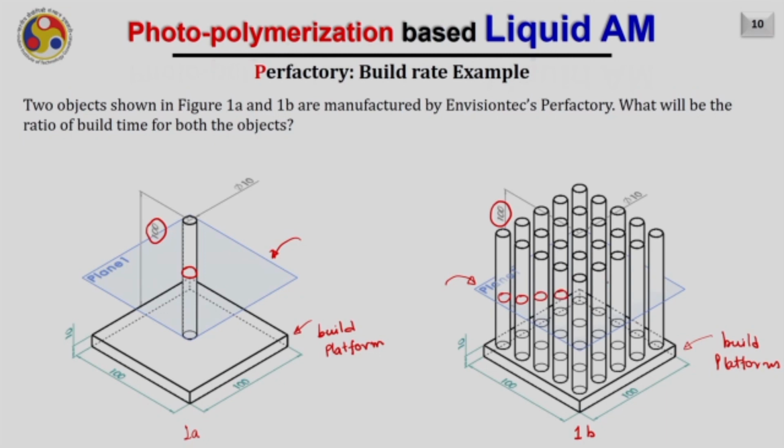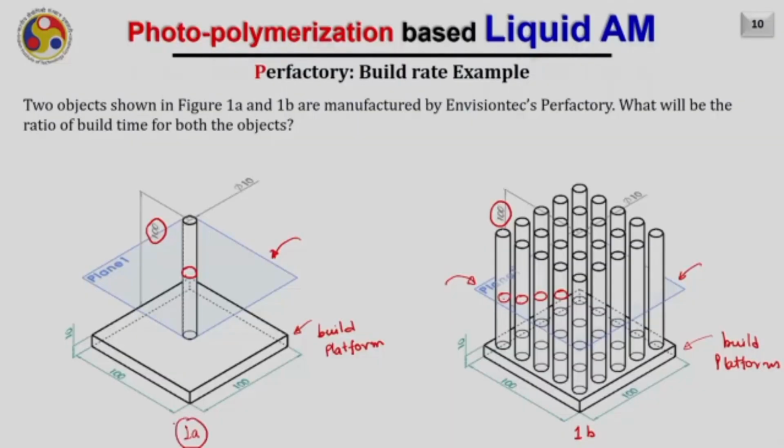But you can notice, even if it is a single circle or multiple circles on a slice, it doesn't matter. It will take the same time, because the light coming from the bottom as a floodlight will just block the light where it is not required, and it will not block the light where it is required. Even if you are scanning a small circle or multiple circles on the same slice, it will take the same time.